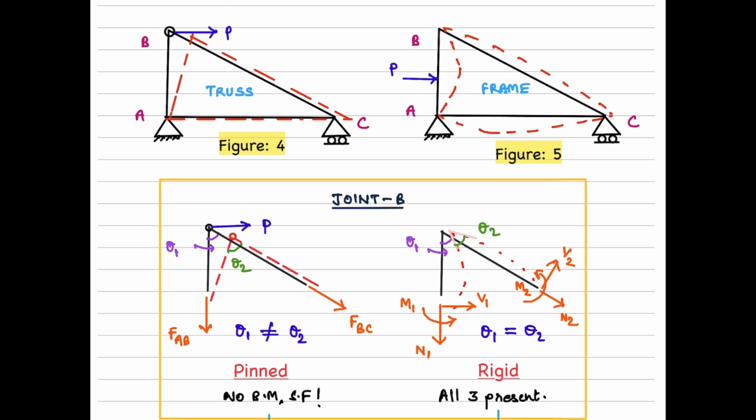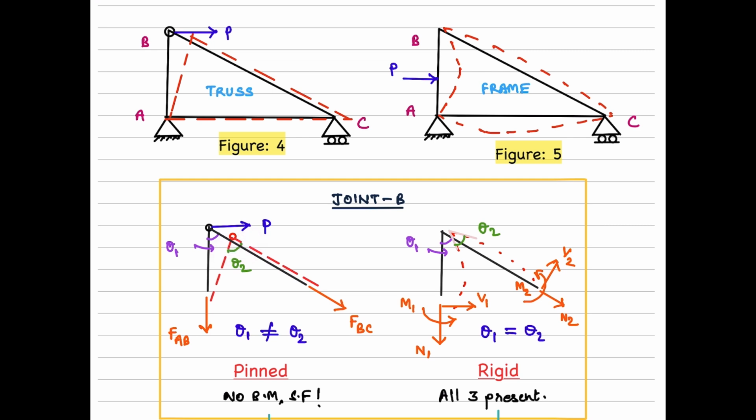If we consider what happens with a truss, we first need to understand what theta 1 and theta 2 are. Theta 1 represents the angle between these two members, AB and BC, before loading, and once we apply the load, the angle between the same two members becomes theta 2.